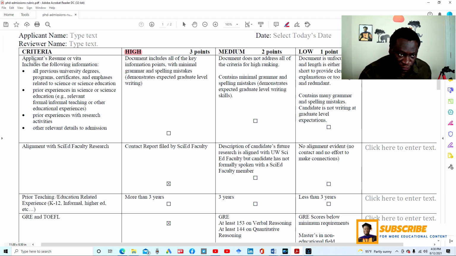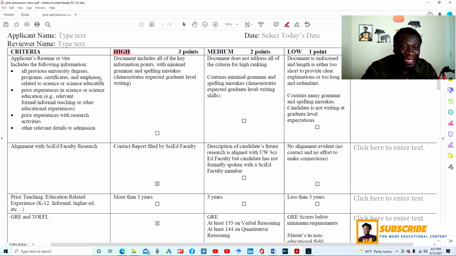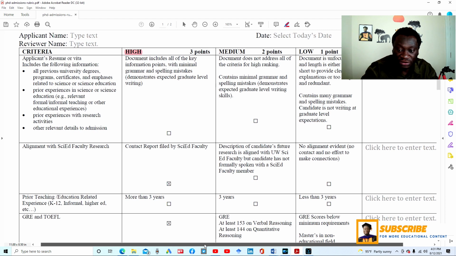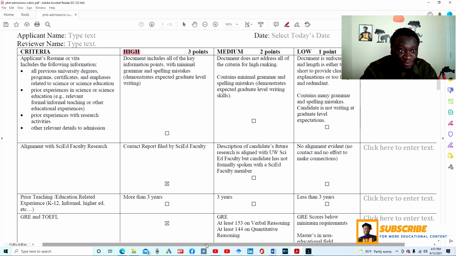So let's look at the first one, the applicant's resume or CV. Now, you can see all the information they would look at on your CV. What they need to see is all previous university degrees, programs, certificates, and emphasis related to science or science education. So this particular department is a science education department. So they want to see all your degrees and prior experiences in this field as well.